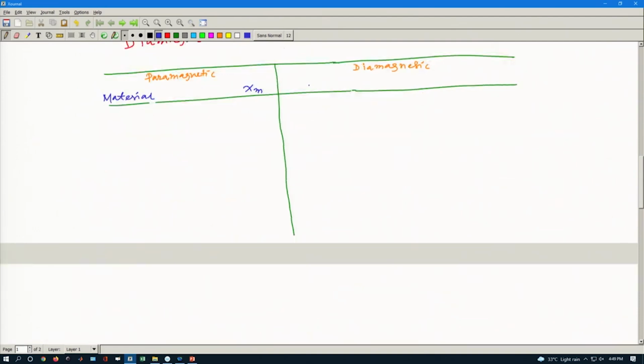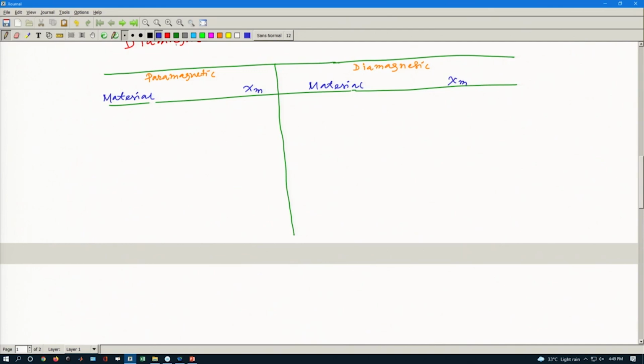Here again a material, and some susceptibility value. Let us give some examples.